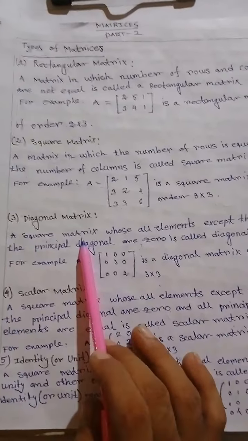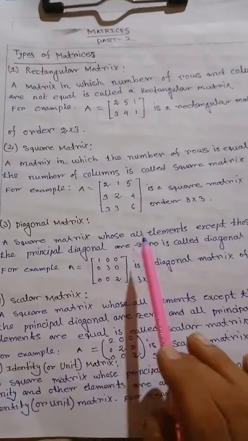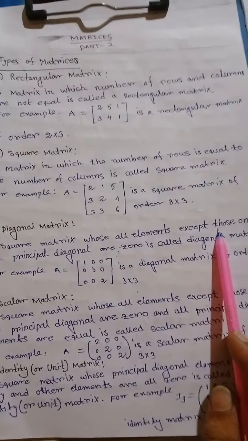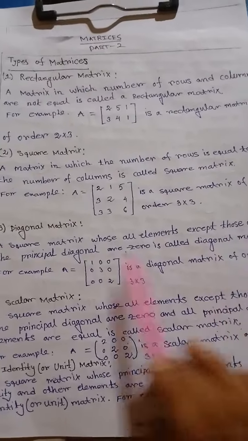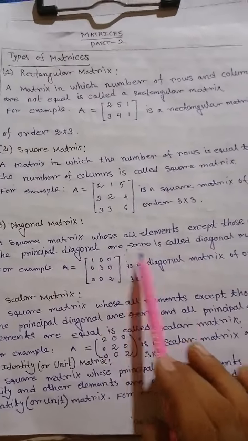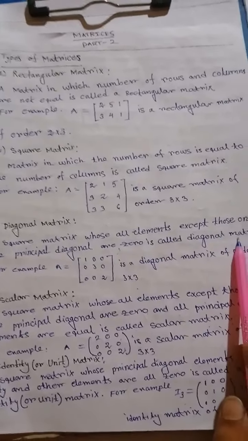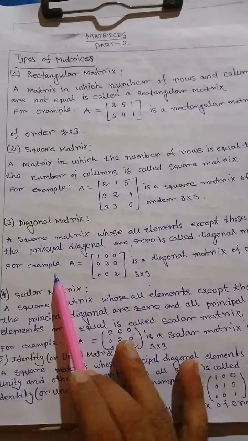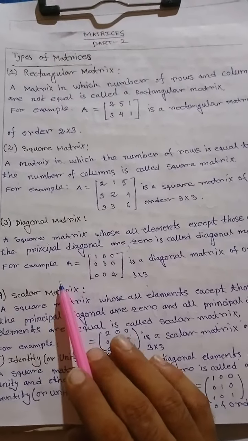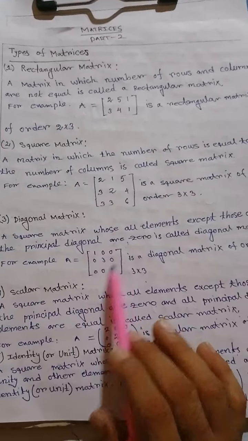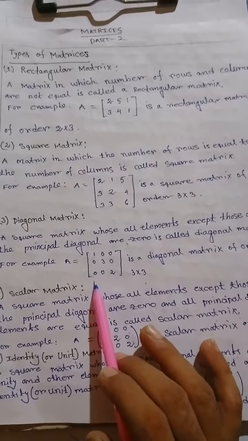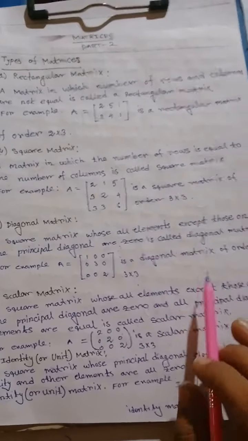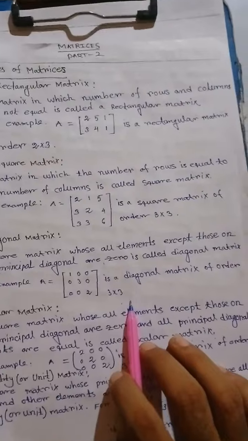A square matrix whose all elements except those on the principal diagonal are 0 is called diagonal matrix. For example, a matrix 1 0 0 0 3 0 0 0 2 is a diagonal matrix of order 3 by 3.